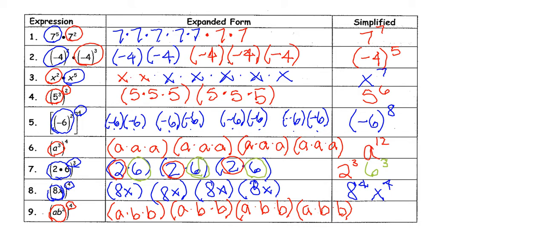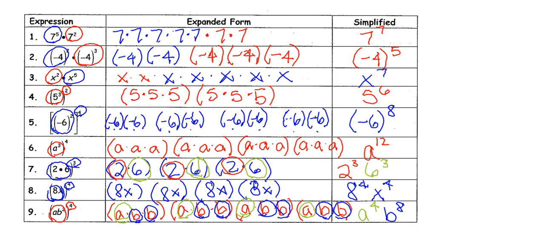So we have a base of A, and I have 1, 2, 3, 4 of them, so A to the 4th. For the B's, I have 1, 2, 3, 4, 5, 6, 7, 8. So B to the 8th.